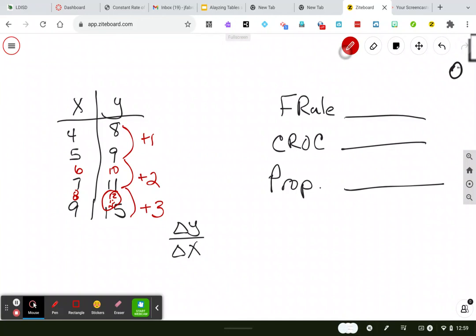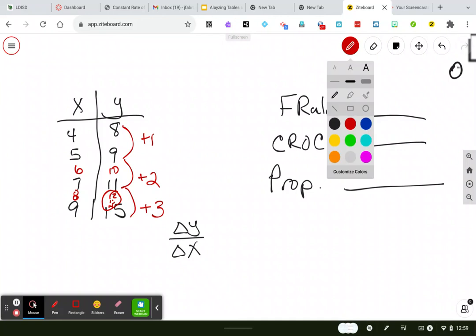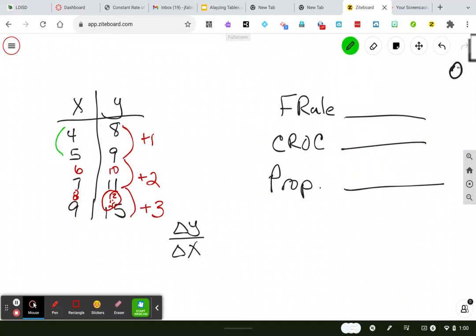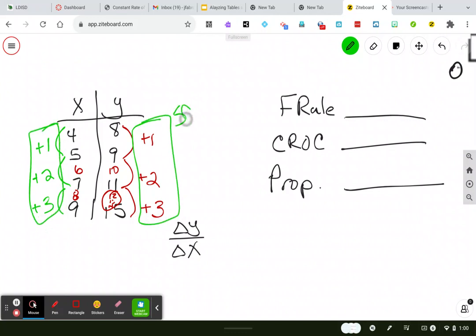The other side is increasing by 1, then by 2, then by 3. Well, you could tell yourself that both sides are going up in numerical order, so it's a constant rate of change. But remember, all of these numbers have to be the same. And since they're not the same, it's not a line.